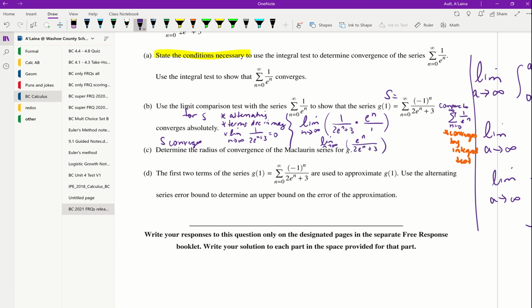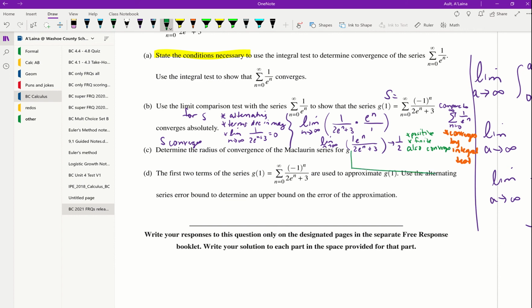Well, these guys are basically having the exact same rate of change since they're both e to the n. And so I'm just going to make this a ratio of the leading coefficients, which is 1/2. This is positive and finite. You must say that. Therefore, this also converges.